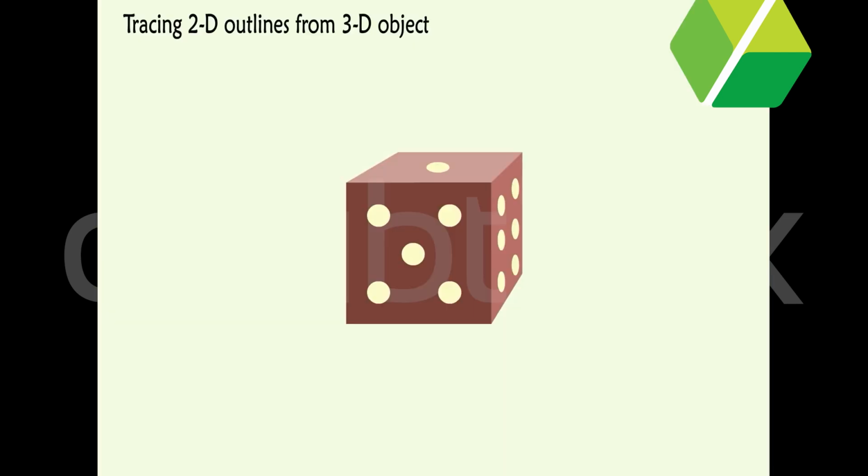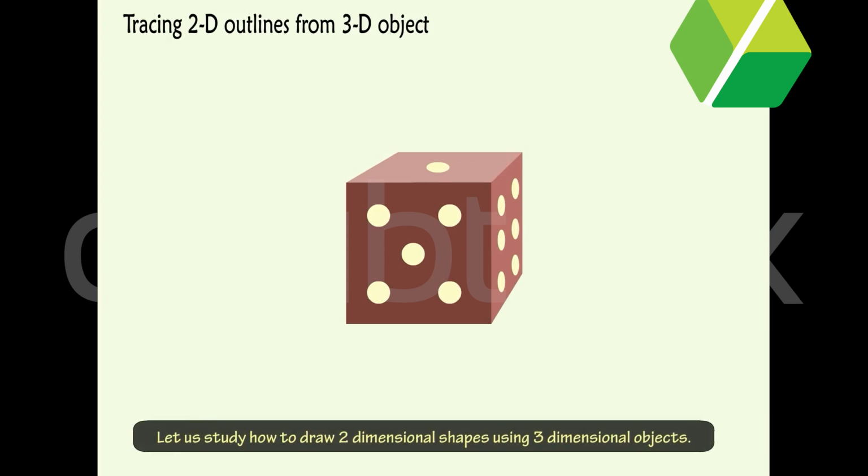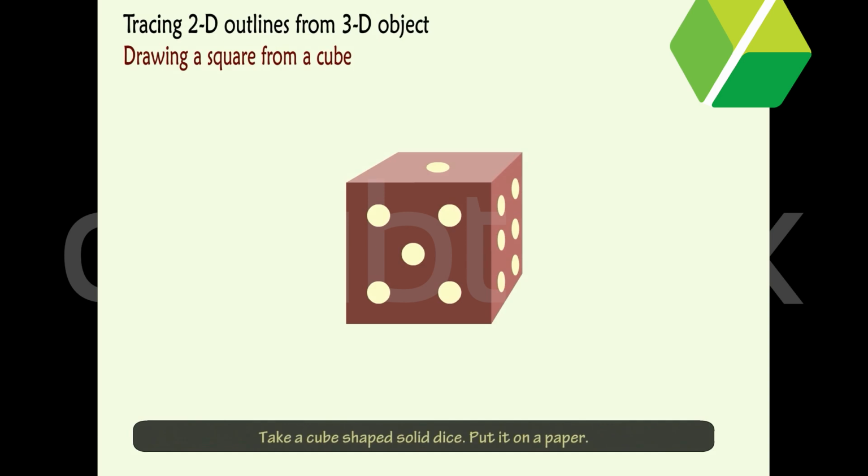Tracing two-dimensional outlines from three-dimensional object. Let us study how to draw two-dimensional shapes using three-dimensional objects. Drawing a square from a cube. Take a cube-shaped solid dice. Put it on a paper.